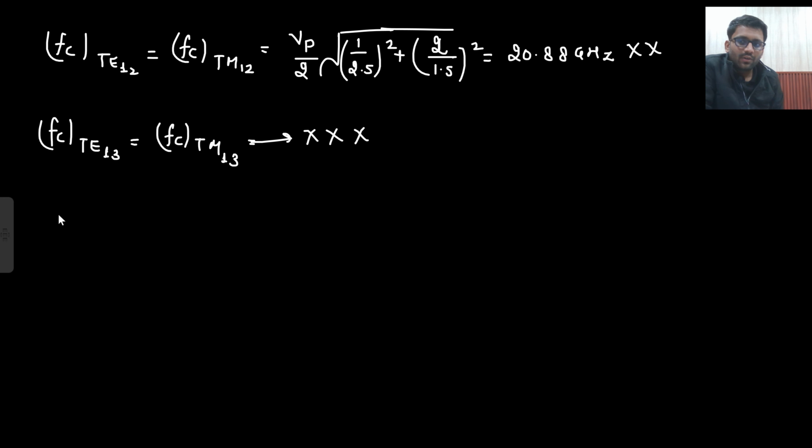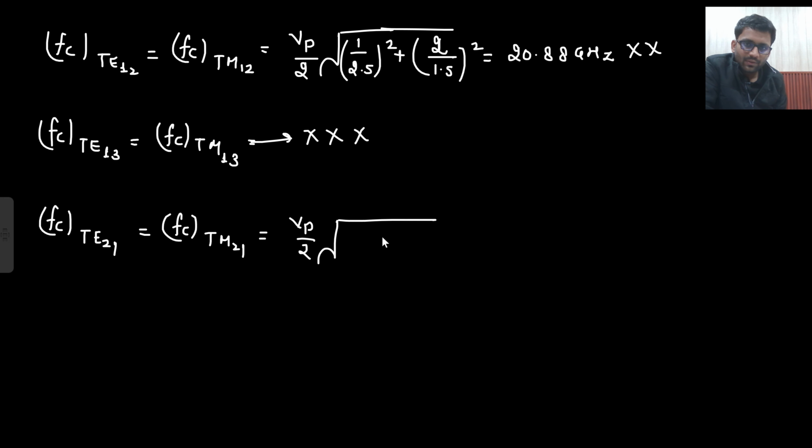Now where do I need to go? 2-1, right? FC TE21 I need to go. That will be same as FC TM21. So what will that be? Vp by 2 under root, 2 by 2.5 whole square plus 1 by 1.5 whole square.